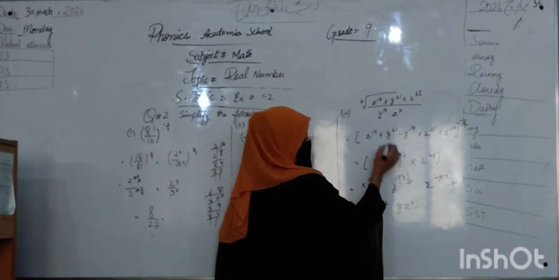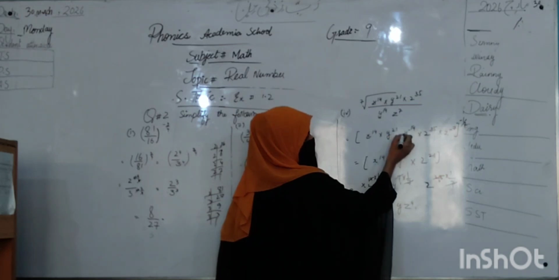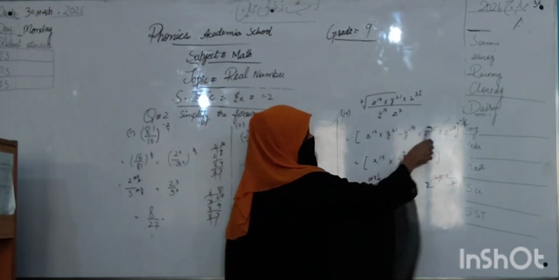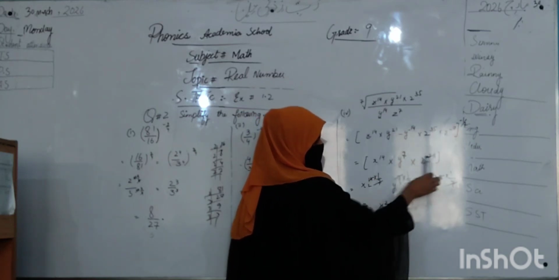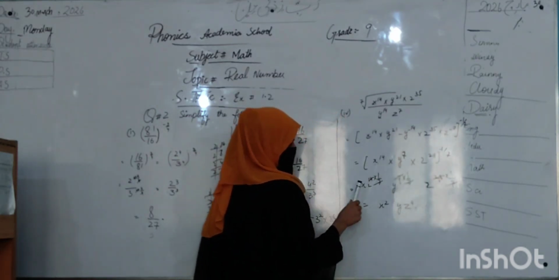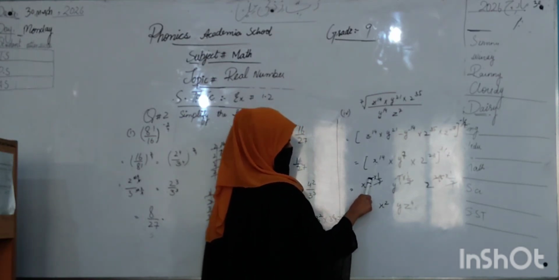Same 14x multiplied by y to the power 21 minus 14 is equal to 7. Then 35 minus 37 is minus 2. The power 7 by 7, 7 ones are 7, 7 twos are 14.